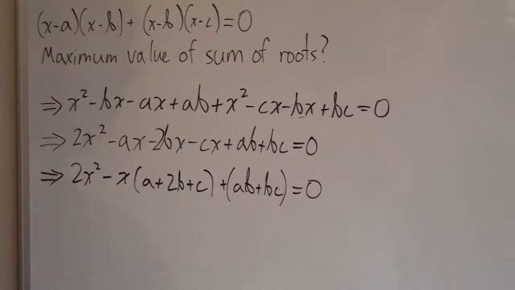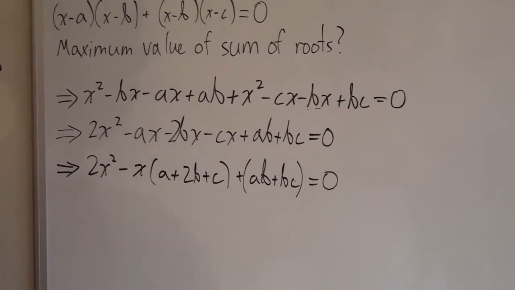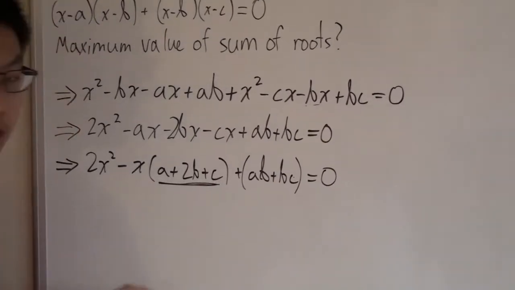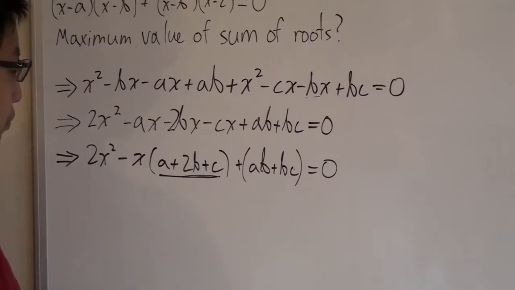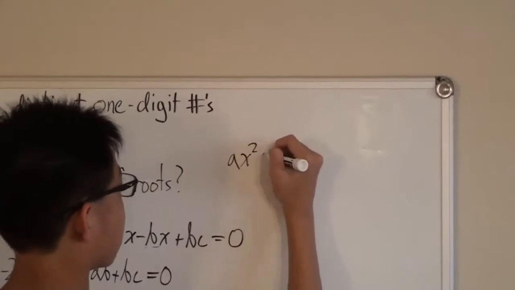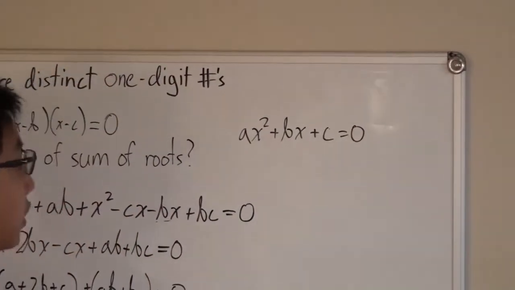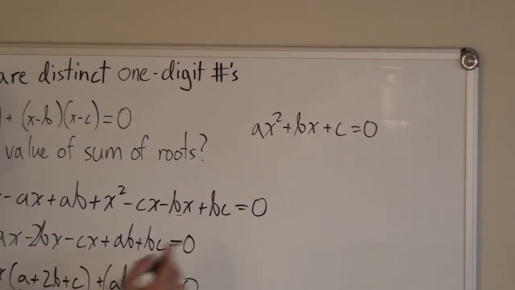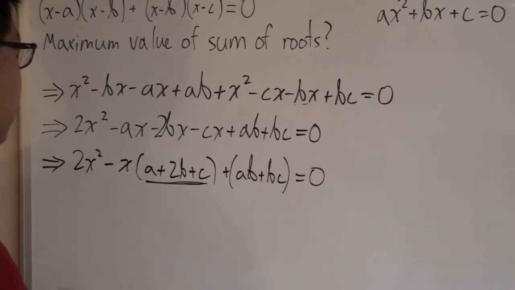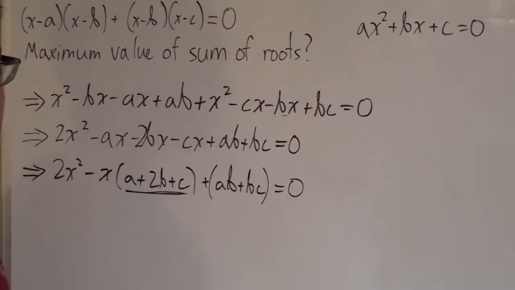And now you can tell that the sum of these three variables would be equal to the coefficient of b if you were to write the quadratic formula as ax squared plus bx plus c equals 0, right? And so this would be b, as it is the coefficient of x, and 2 would be a, and AB plus BC would be C.